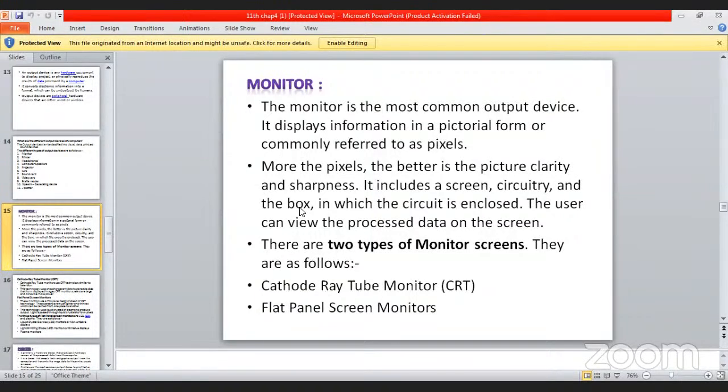There are mainly two types of monitors, or rather there are different types of older monitors also presented, like composite monochrome, composite color, RGB, or EGA monitors, as well as direct drive, TTL, monochrome also.